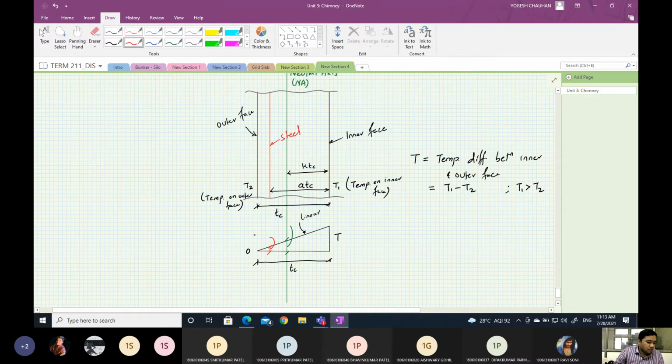So temperature at this level will be 1 minus A times T, and temperature at the level of neutral axis will be 1 minus K times T. So this figure is showing the temperature gradient in the concrete shell.